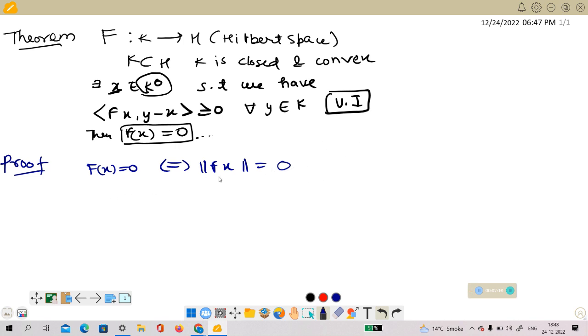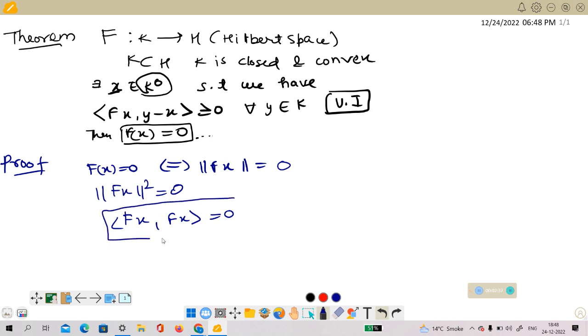Which is the same as showing that the norm of f(x) squared is equal to 0, and the use of the square is that we can have f(x) comma f(x) is equal to 0. If we can show this, then it implies this, which implies this, and then we will get f(x) is equal to 0. That was our aim to show.